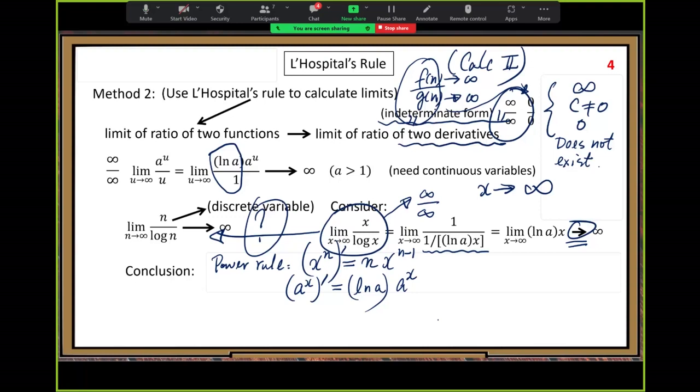No. Nobody specified it. When x approaches infinity, the meaning here is you can take any specific way to make x approach infinity.